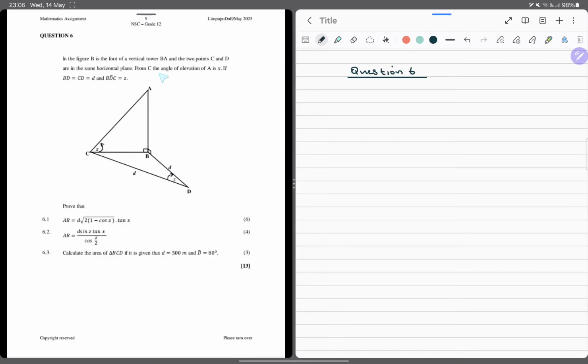Now from C, the angle of elevation, remember, once we say angle of elevation it is from horizontal up, of A is x, so this is indicated already. If BD is equal to CD equal to d units, so this is also indicated, and angle BDC is z. We need to prove that AB is this expression.